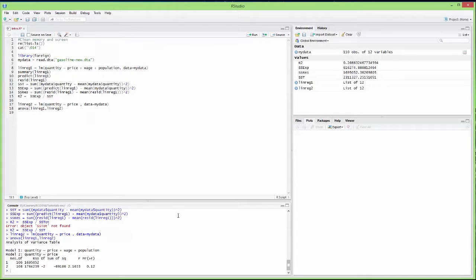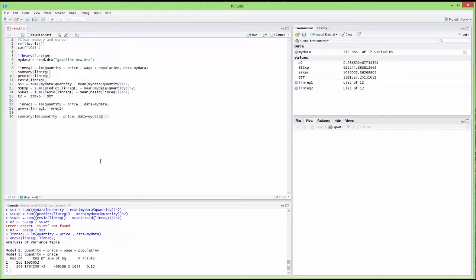Finally, I'm going to show you how to do a regression on a subset of the data. So I'm going to use a shortcut here. I'm going directly to call the command summary. And I want a summary of the output of the linear regression of, let's say, quantity over price. And here the data will be my data, but I'm going to use a subset of my data.